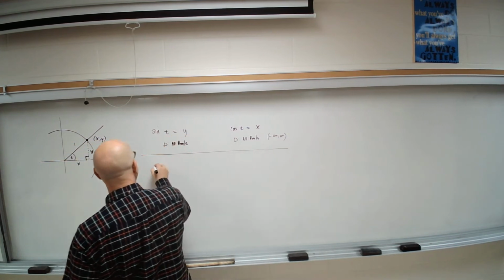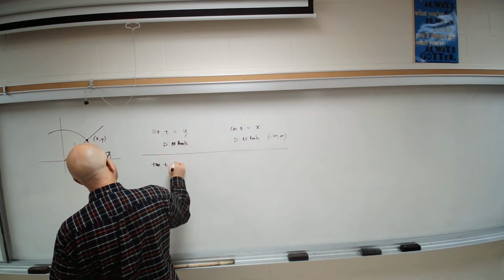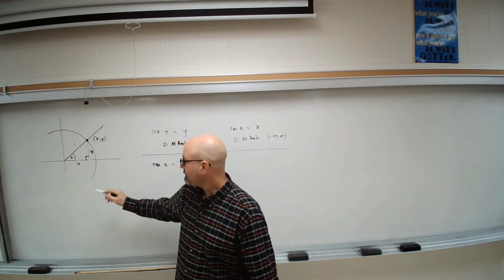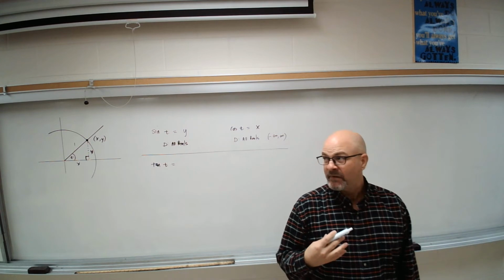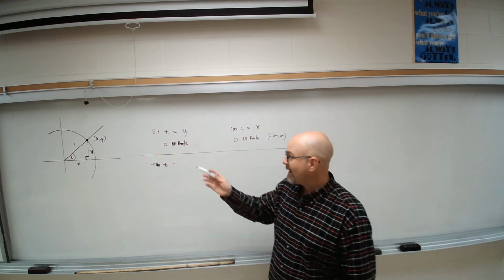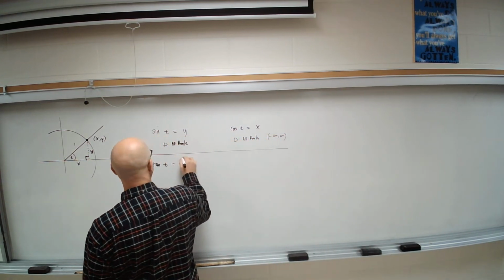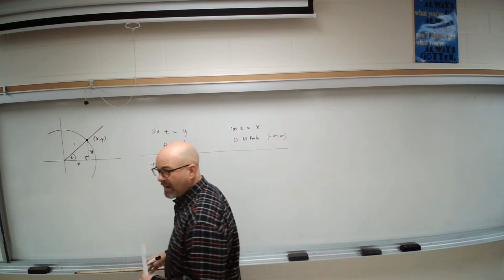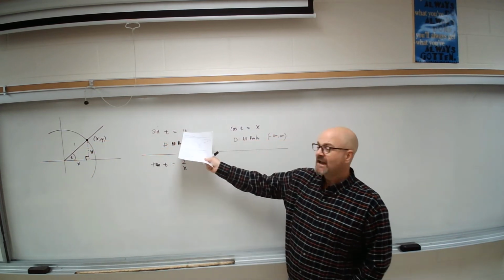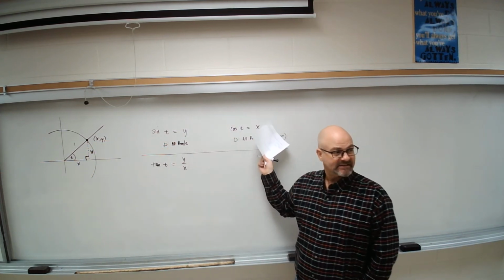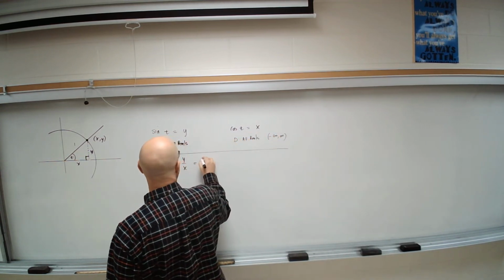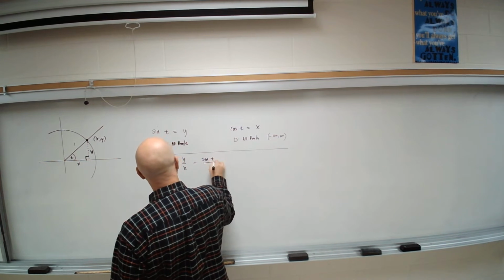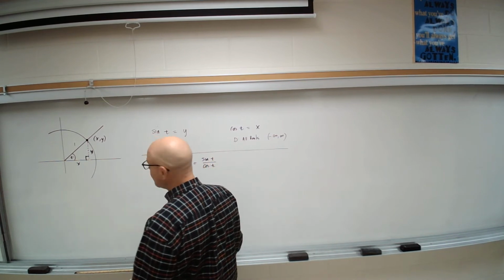If we do the tangent of t, we know the ratio is opposite divided by adjacent, so that would be y over x. But we also know that y is the same as sine, and that x is the same as cosine. So this is also equal to the sine of t divided by the cosine of t.